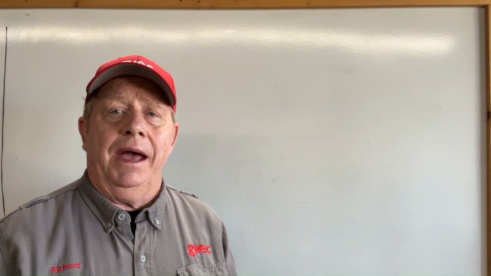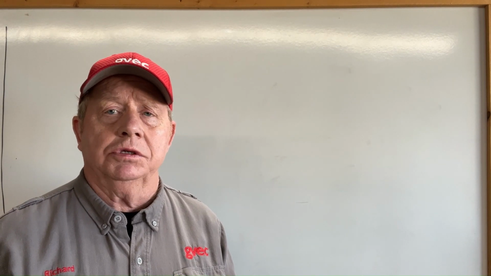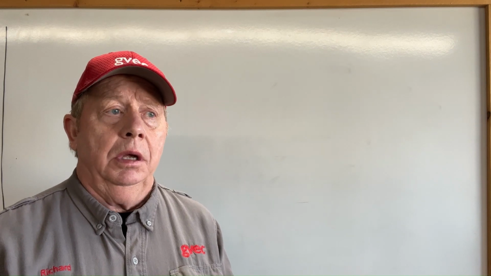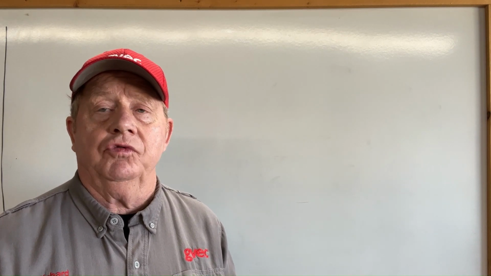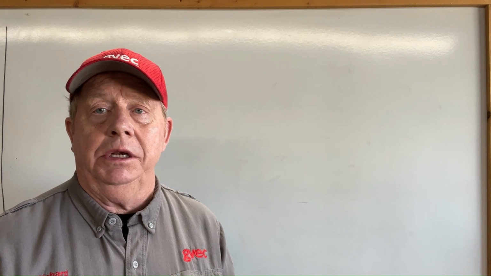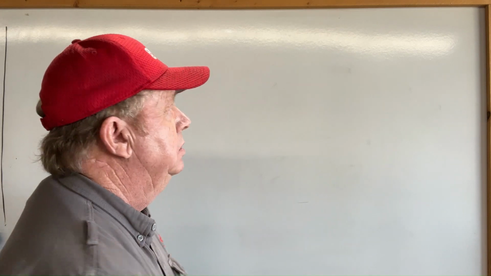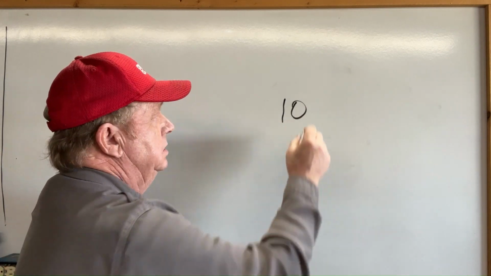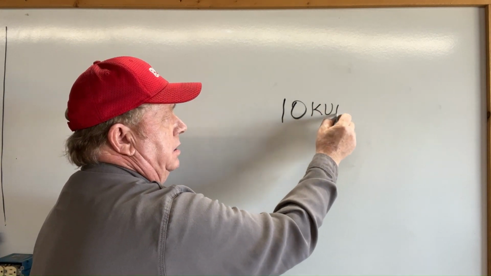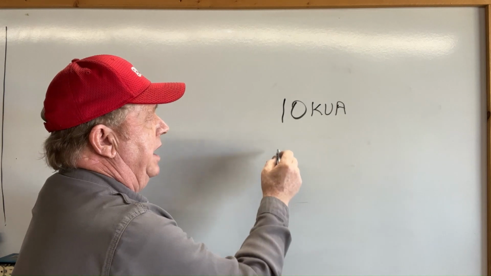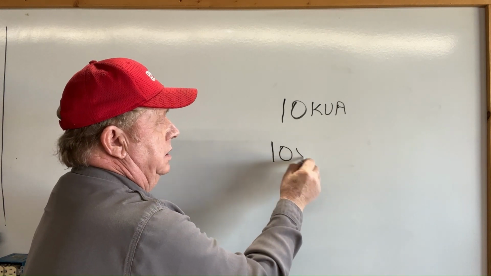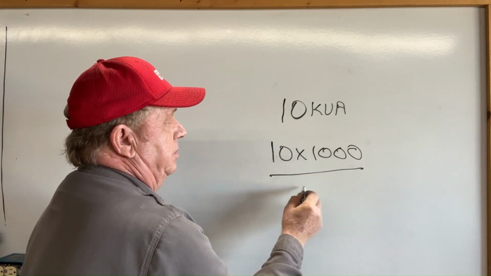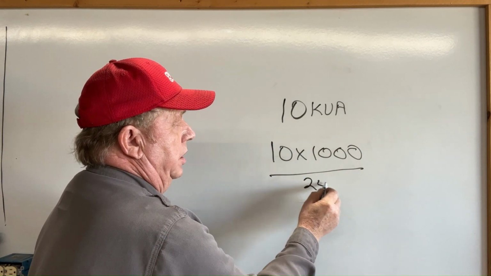We know that the math that gets taught at transformer school to determine how much current a transformer can do at 100% rating, for the 10 kVA transformer that we hang every day, is 10 times 1,000 divided by 240 volts.